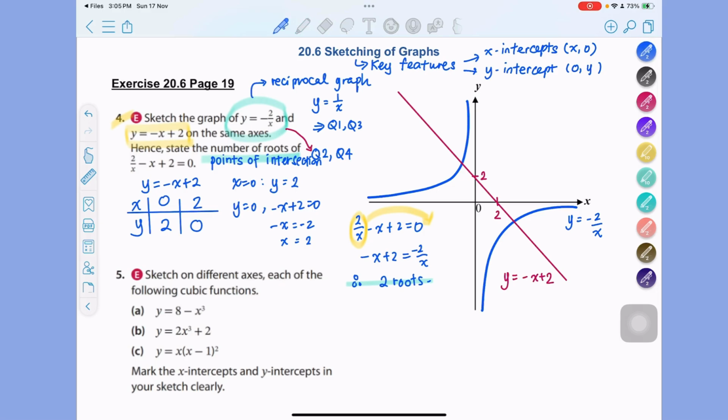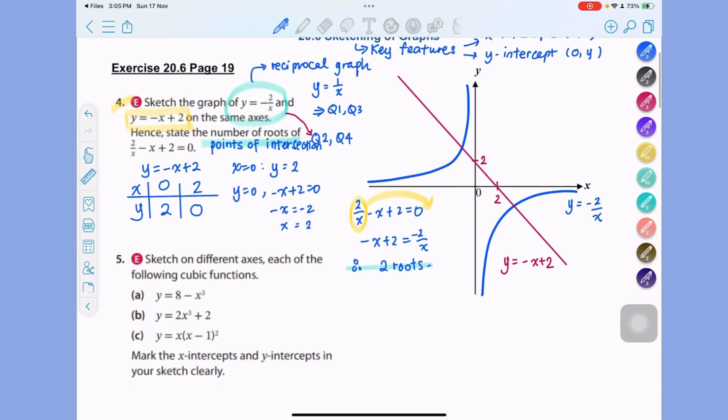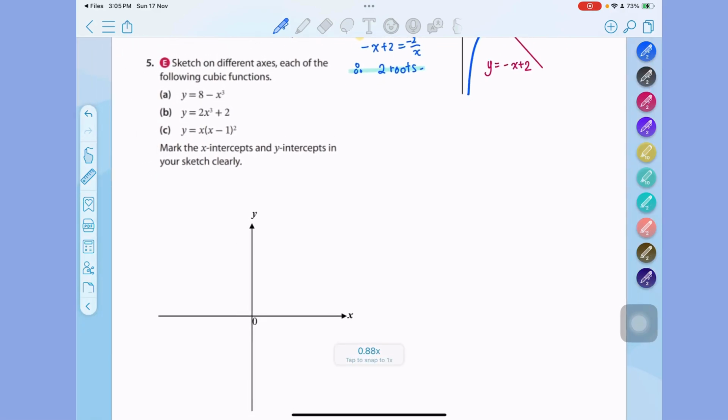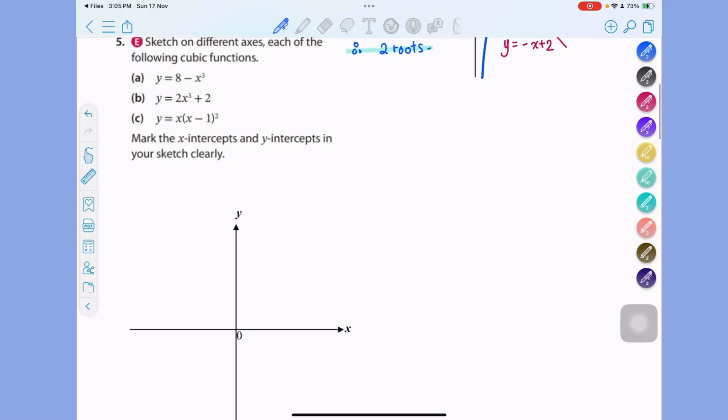Next, let's have a look at question 5. For question 5, you probably have to draw 2 more extra axes for each of the cubic functions. The question already says cubic functions. First, I will focus on part A. In part A, this cubic function is a negative cubic function.